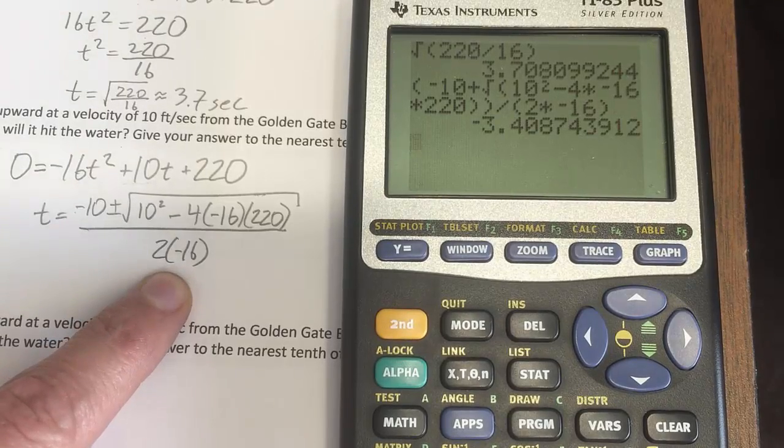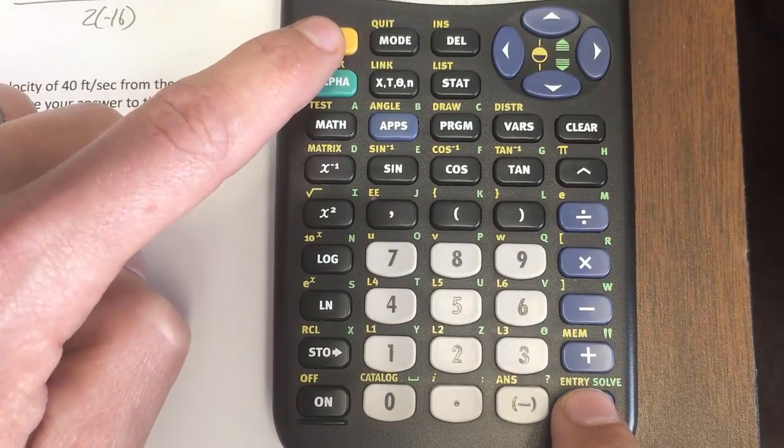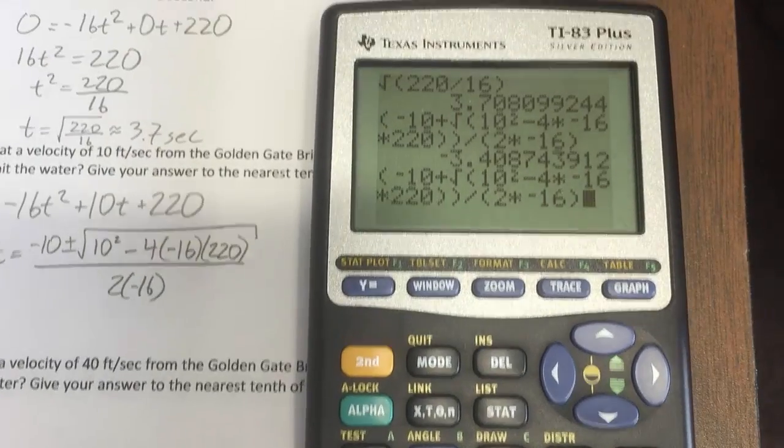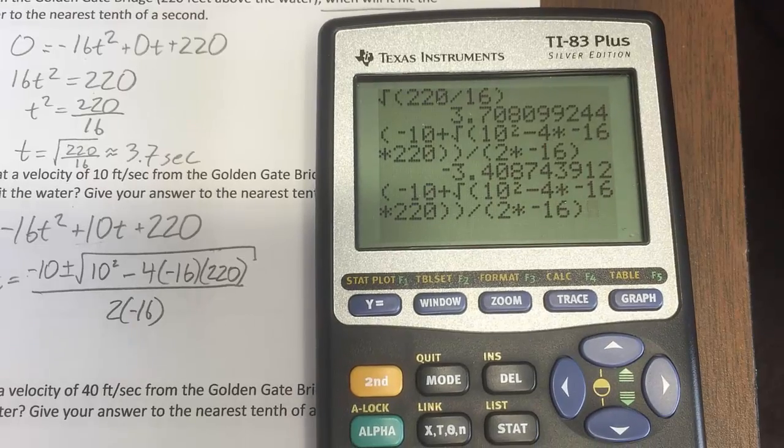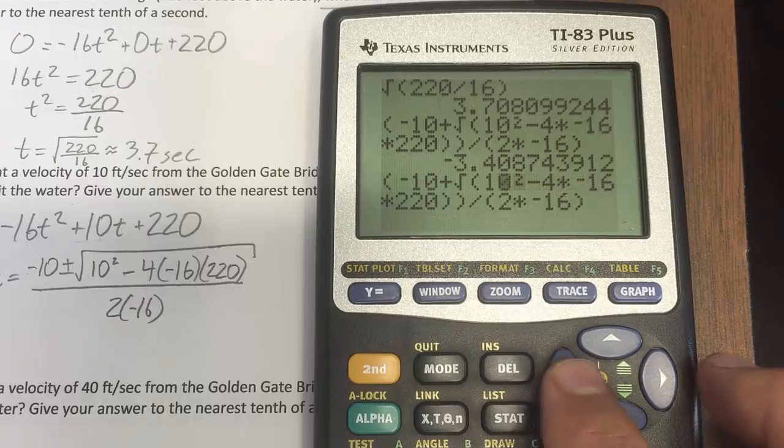So, that doesn't look so good. -3.4. Okay. Well, now notice you can press second and entry on a TI 83 or 84. On a TI 30, you need to press the up arrow to get back to the initial code.